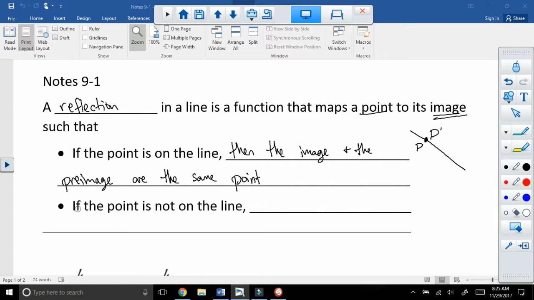So then the second option is the point may not be on the line, and if a point is not on the line, the line is the perpendicular bisector of the segment joining the points.